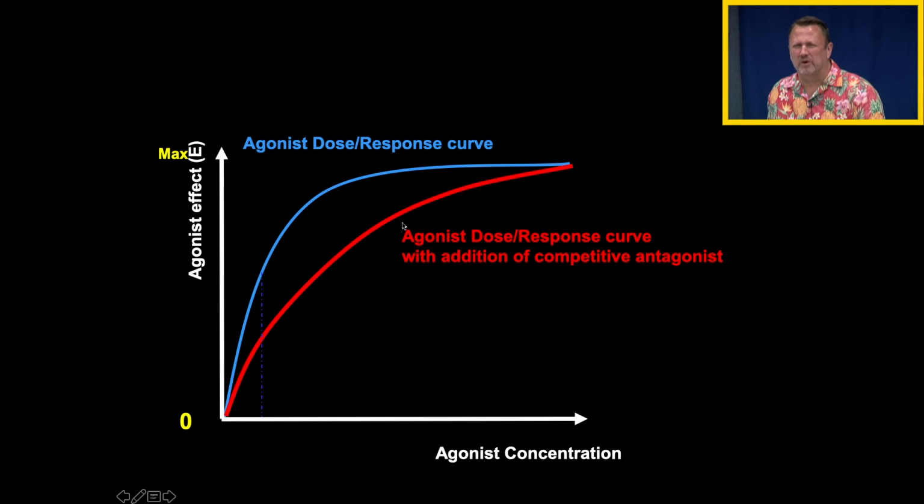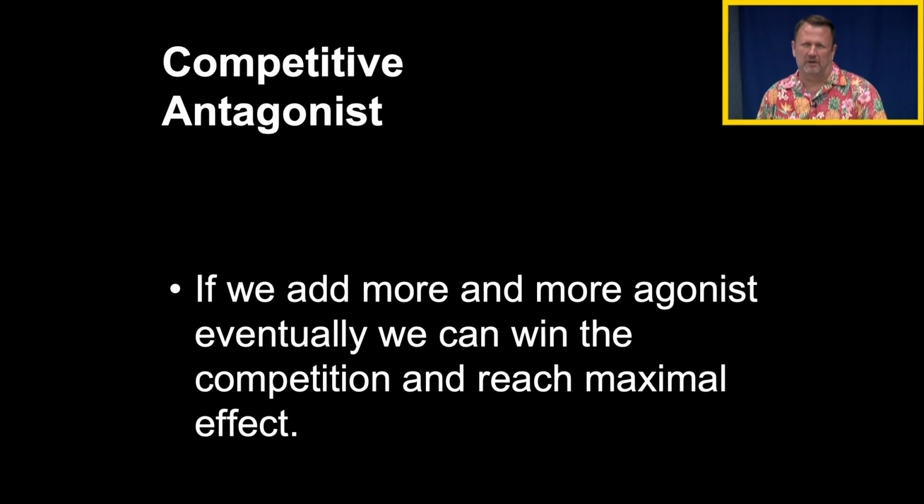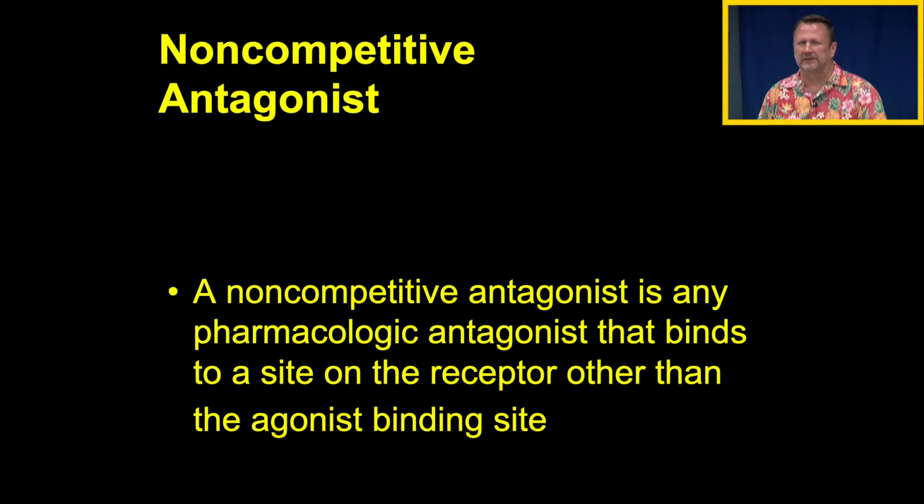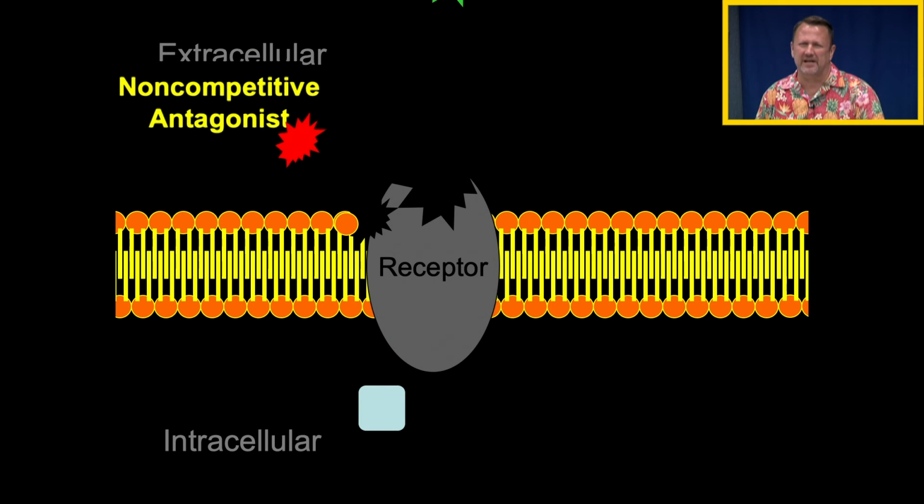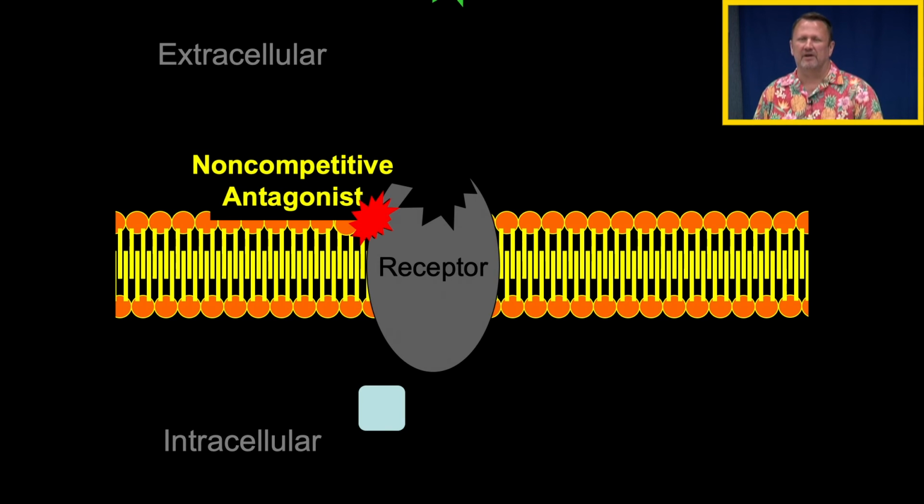But there comes a point where we can add enough drug to completely win the competition and reach maximum effect. And so that's the point here, that when there's a competitive antagonist involved, agonists can be added to the point of reaching maximum effect.